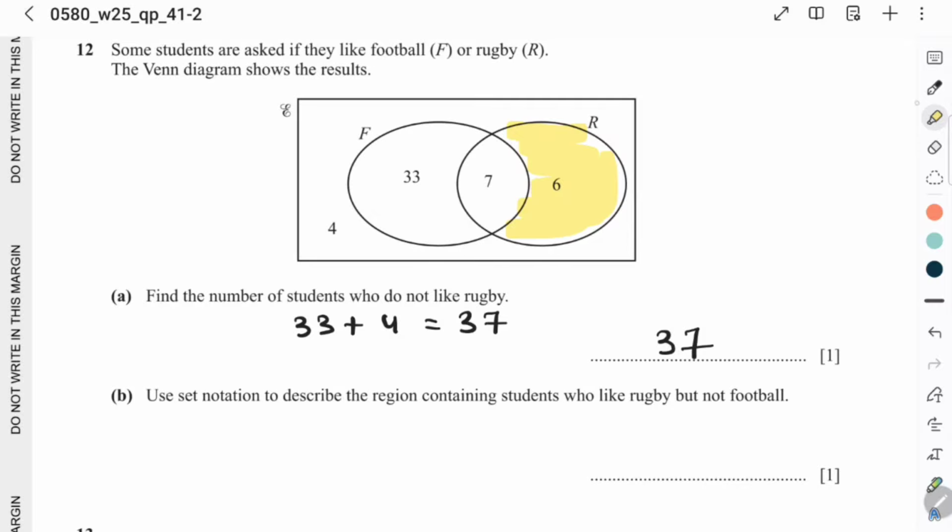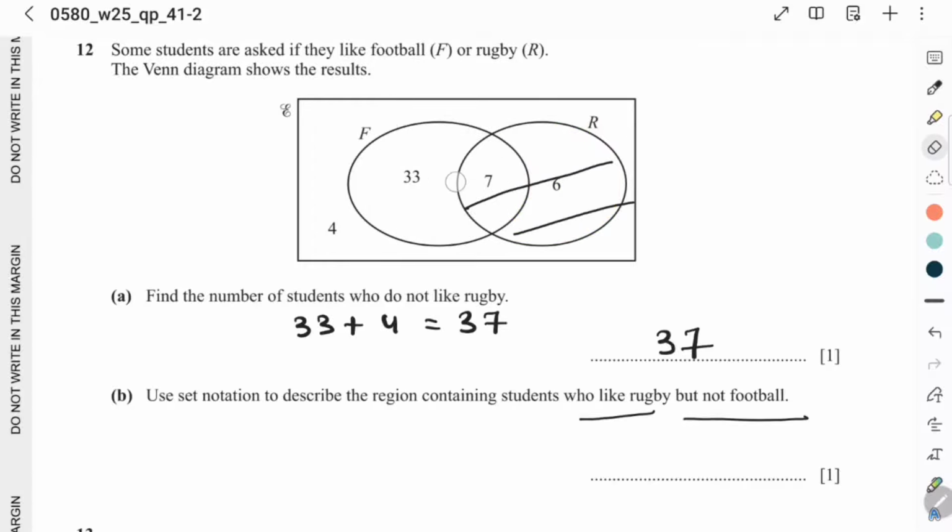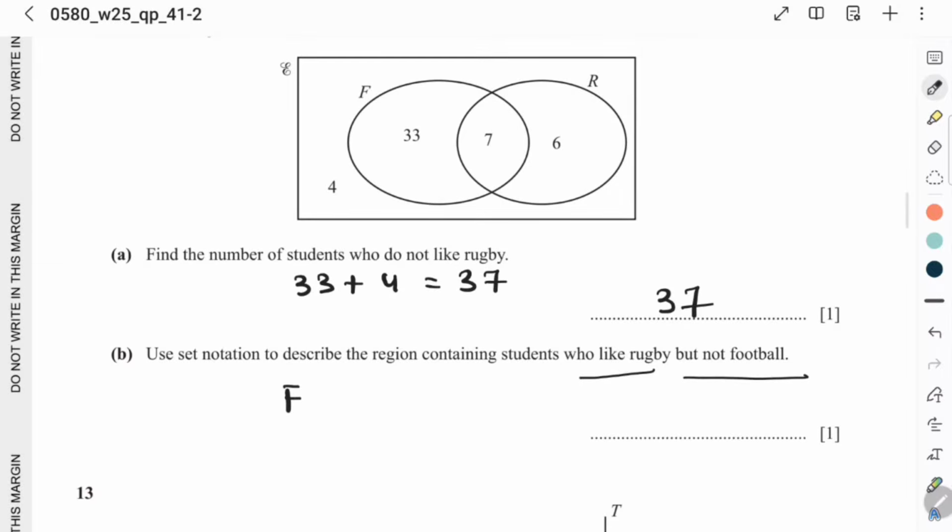So the students who like rugby are all of them, but not football, it means that 7 is also included, so only 6 are there. So how do I write this in set notation? F is nowhere, that is F complement, and you have to find the intersection because we are not including 7, so that will be F complement intersection R. If we include 7, then it will be a union, and then 4 will also be coming over there.